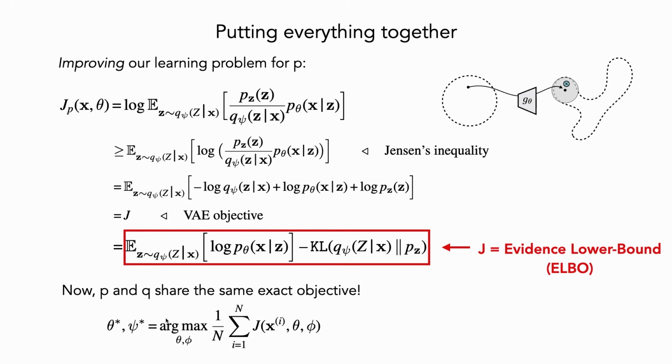This is saying that in order to learn the parameters of the encoder that give me the best importance sampling distribution for estimating the likelihood the decoder places on the data, it actually works out that I can just maximize this evidence lower bound with respect to the encoder and decoder parameters jointly.